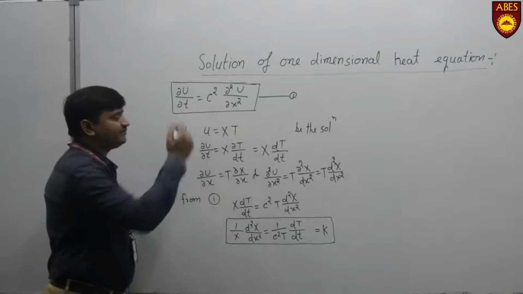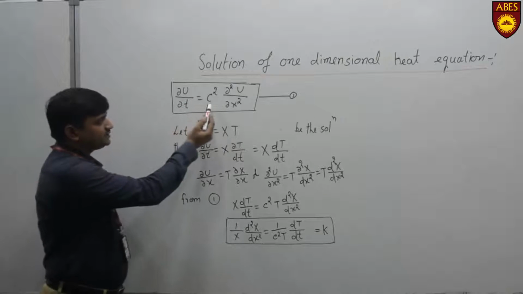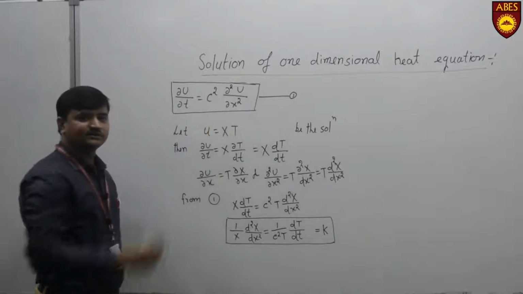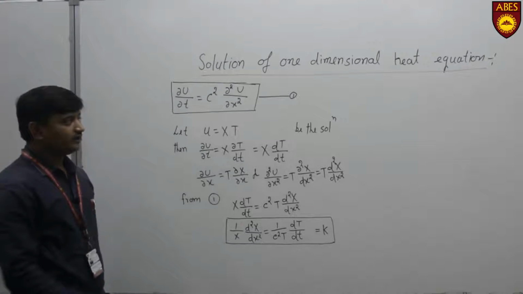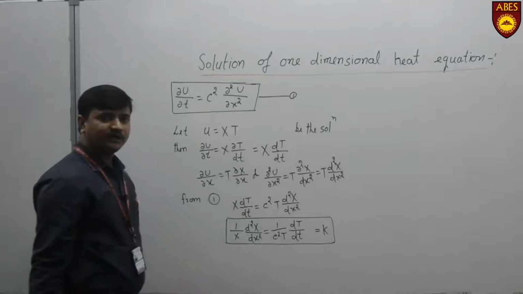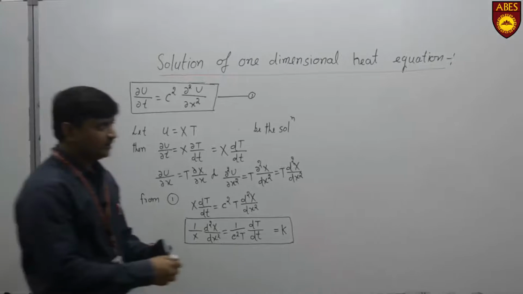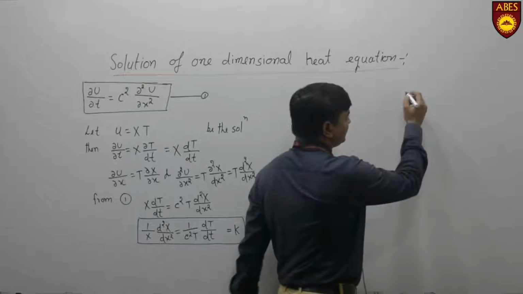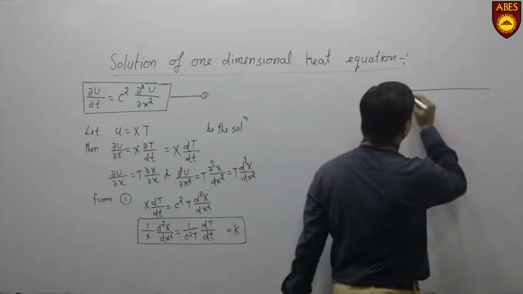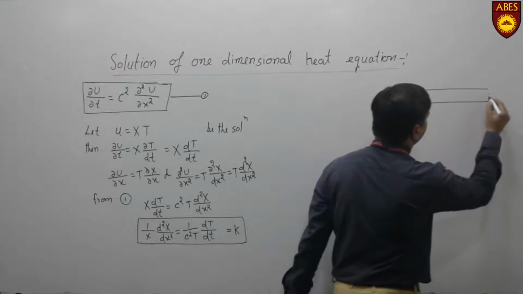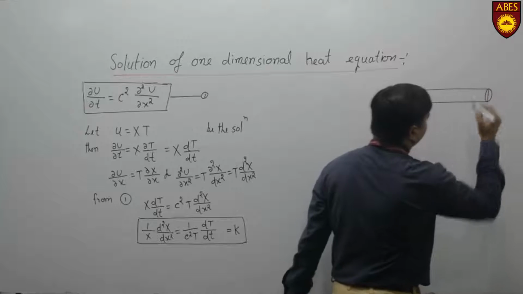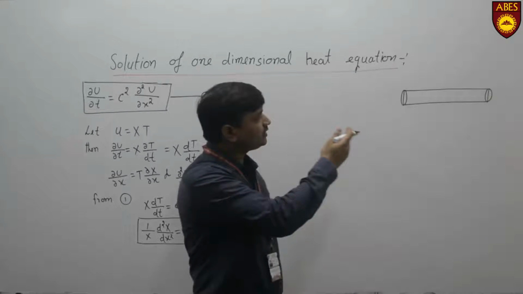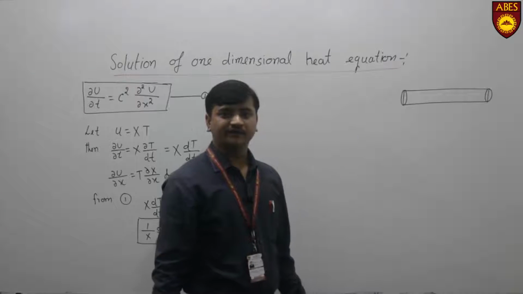One-dimensional heat equation is given as ∂u/∂t = c² ∂²u/∂x². I just gave the name equation number 1, and to understand this equation, let us consider the heat flow in a rod of metallic body of a conducting material.